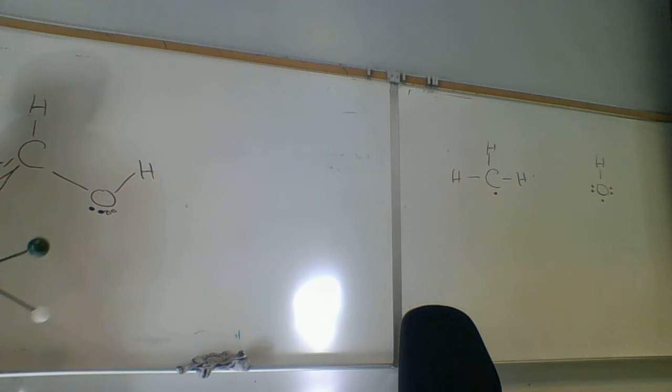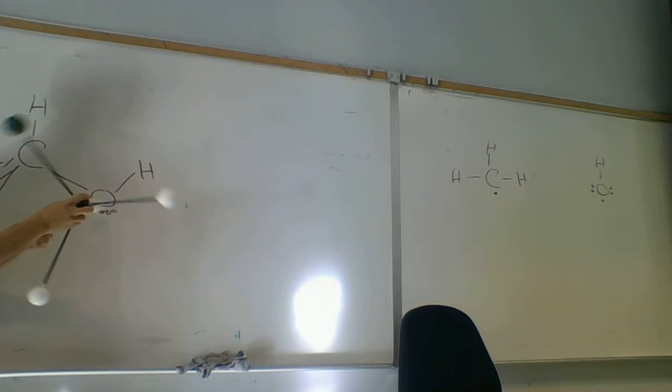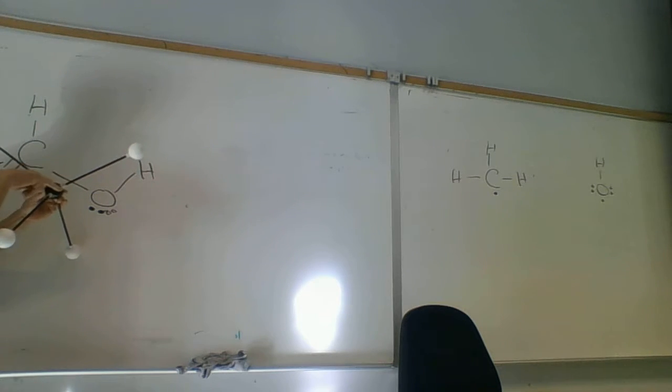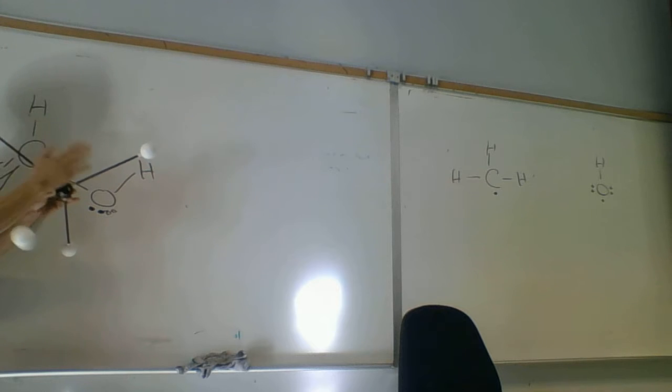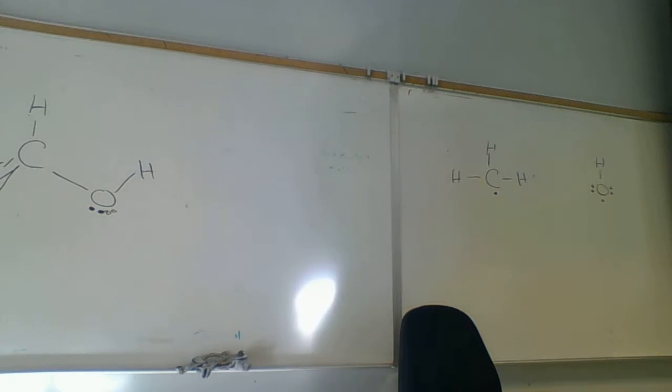Tetrahedral, yeah. And so this is tetrahedral, like this, where we have the hydrogen up here, and then one lone pair coming out, one lone pair going in. But the carbon, oxygen, hydrogen, we're going to put flat in the plane. This would be methanol.